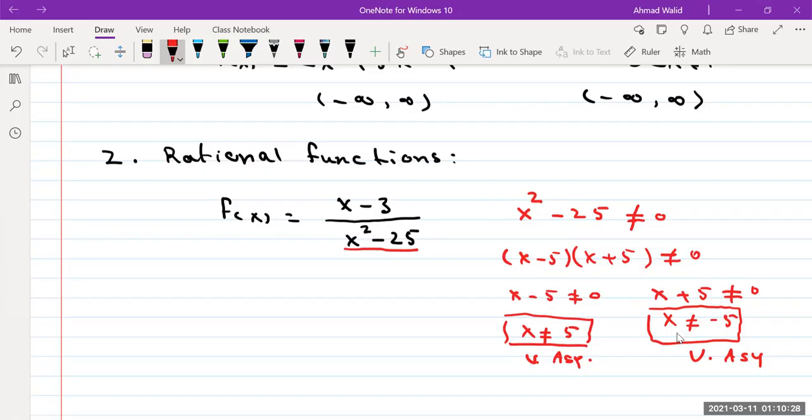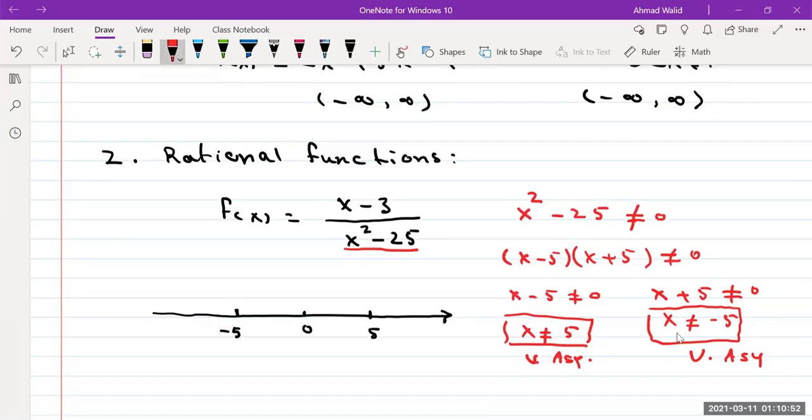Now, how to write the domain? The number line helps you a lot to write your domain. I know many people don't explain it this way, but I like to explain it this way. Here, 0, for example, and here mark it as negative 5 and 5.